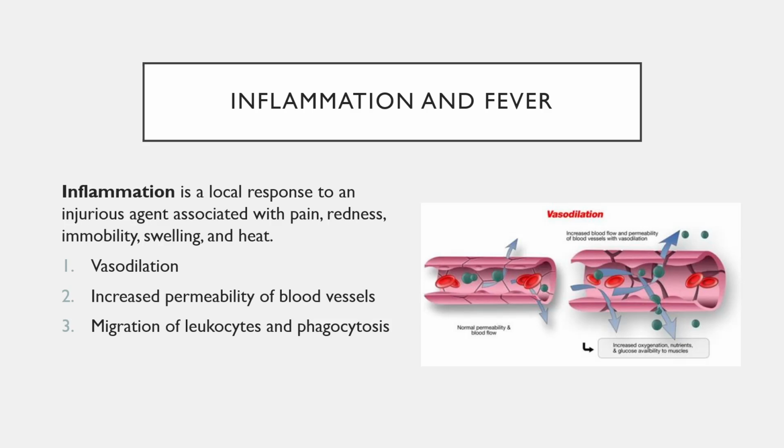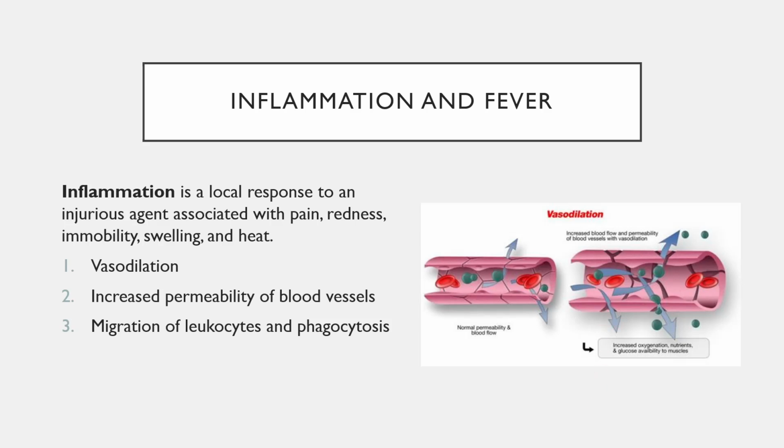However, a side effect of this activity is all of the things that are associated with inflammation. The pain, the redness or immobility, swelling, and heat are all result of this activity happening, which again is meant to facilitate the immune response, but it can have some unpleasant effects on you.